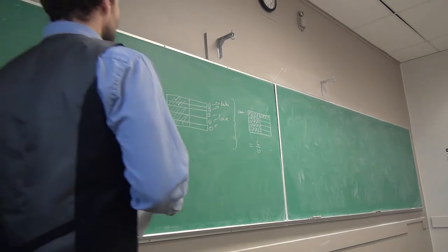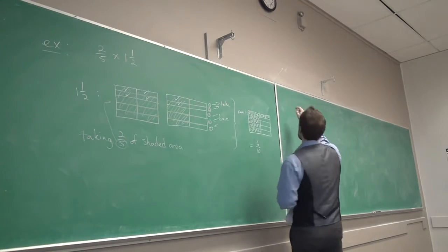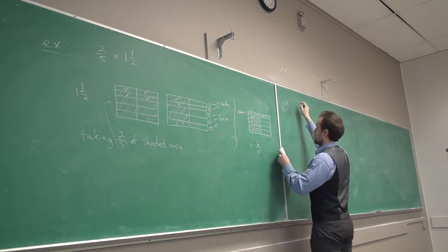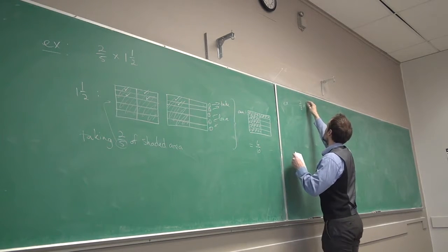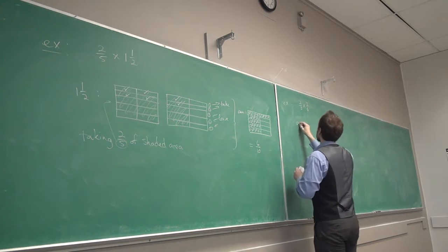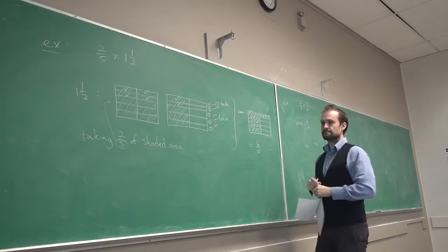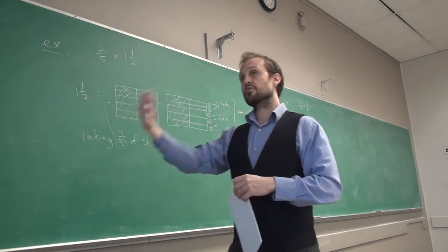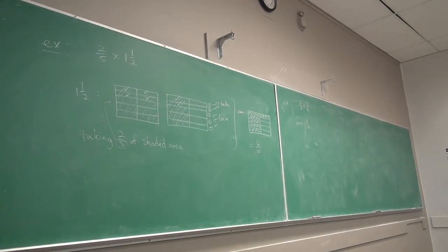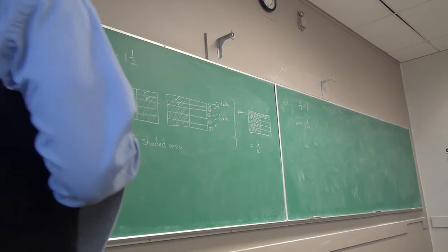Now, oh, I want to erase that. What was my example here? 2/3 times 3 over 4, and the answer we said was 6 over 12. Now you do a good number of these for Timmy, and he's going to eventually notice a pattern.